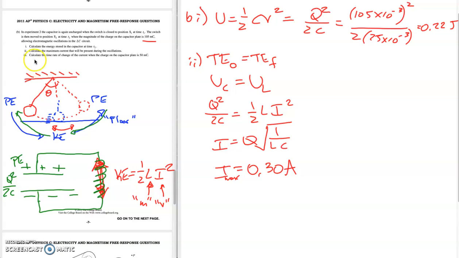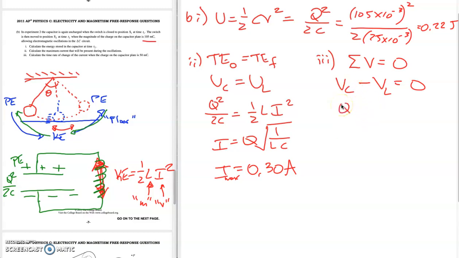All right, B part 3. The rate of change of current when the charge is 50 millicoulombs. Here we need to go back to Kirchhoff's loop rule. So when we have 50 millicoulombs on here, we will have a certain voltage across the capacitor. And that means that we will also have to have the same voltage across the inductor in order to have conservation of energy.